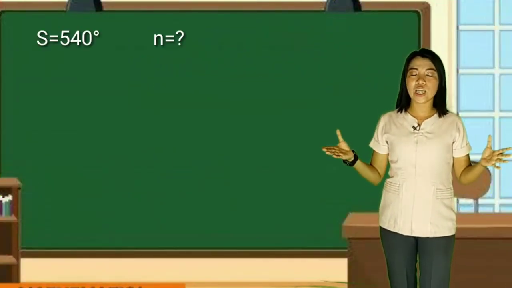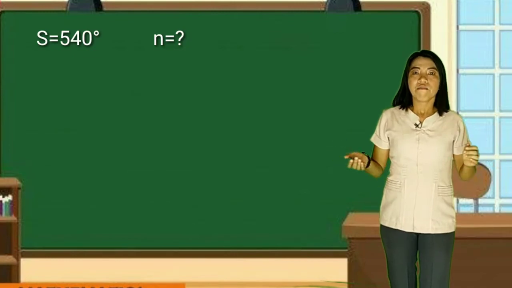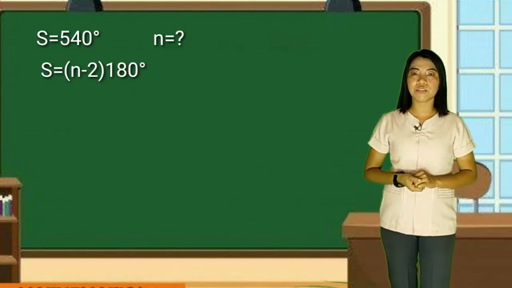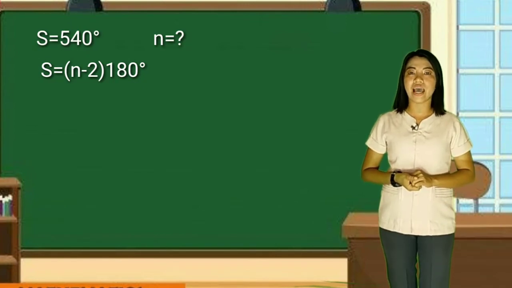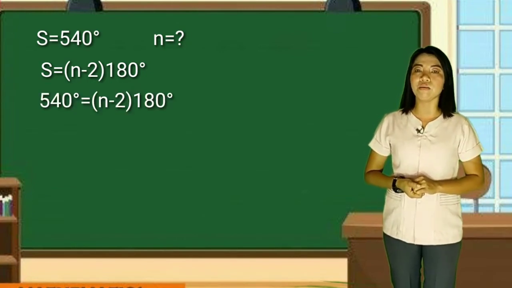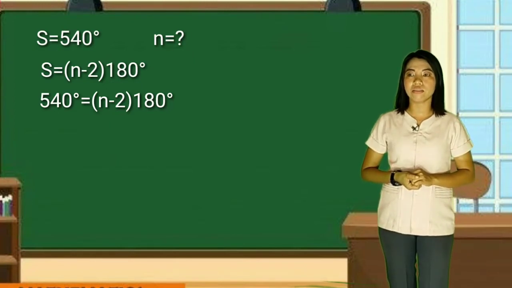Let's try S is equal to 540 degrees. Find n. So using the formula, S is equal to the quantity n minus 2 times 180 degrees. So you have to substitute the value of your S, that is 540 degrees is equal to the quantity n minus 2 times 180 degrees.